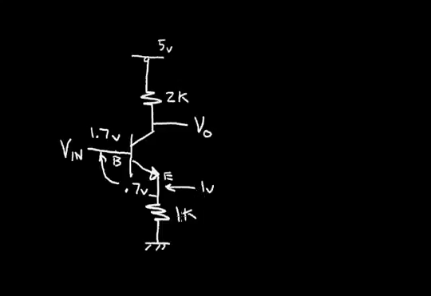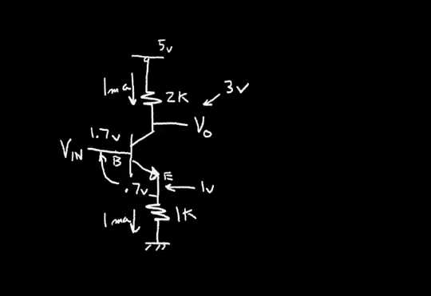And 1 volt across 1 K produces 1 milliamp of emitter current. And I have a fairly high beta transistor, we'll say a beta of 100 or more. So better than 99% of this current is flowing in the collector terminal. So I'm going to round it to 1 milliamp. Now this 1 milliamp times 2K gives me 2 volts across the 2K resistor. So this V out is initially sitting at 3 volts.